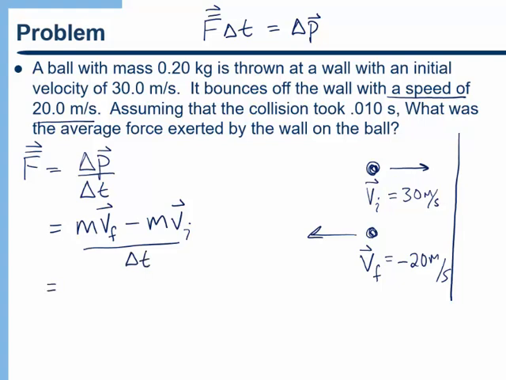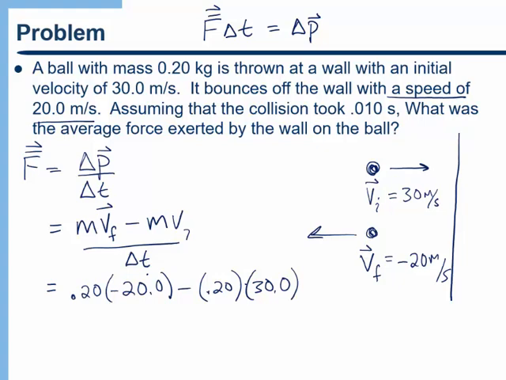When we plug in the values, notice that because the object bounced back, we get negative 20 for our final velocity there. And our initial velocity was positive, but it's negative, so that also ends up being a negative term. And that's important because both of those terms are negative.